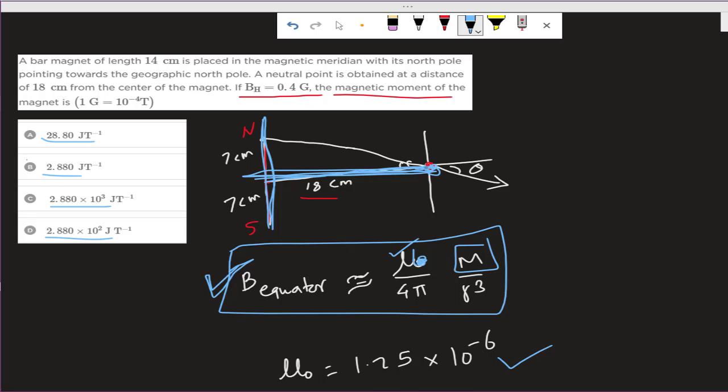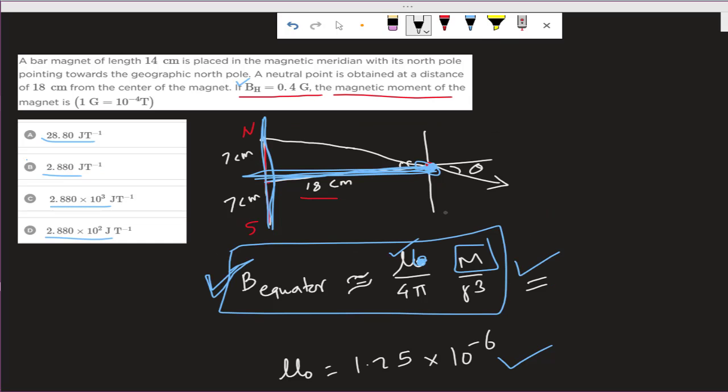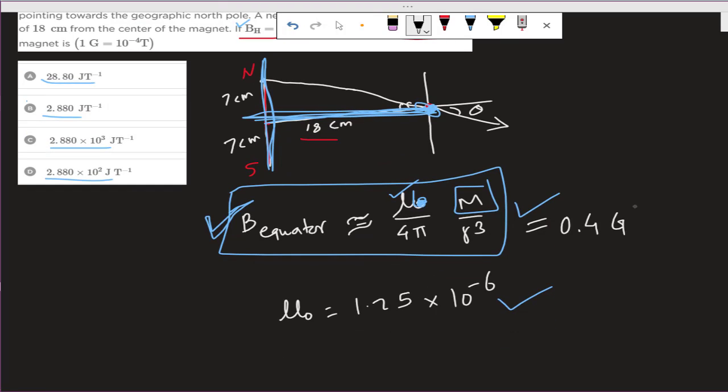Since the point is neutral, the magnetic field on the equator is neutralized by the magnetic field provided by the earth. So this value will be 0.4 G. We will have to convert it into Tesla as well: 1 G is equal to 10 raised to minus 4 Tesla.